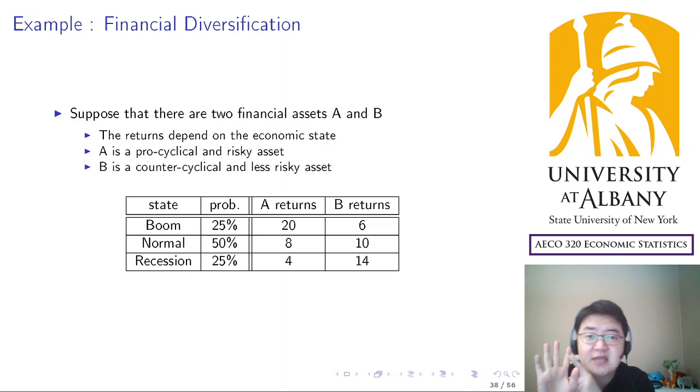The first case is when the data are given as raw data. So we just have a list of observations and their outcomes. Then we learned how to calculate the mean or the variance or the median. And the other case is when you are given the probability distribution table.